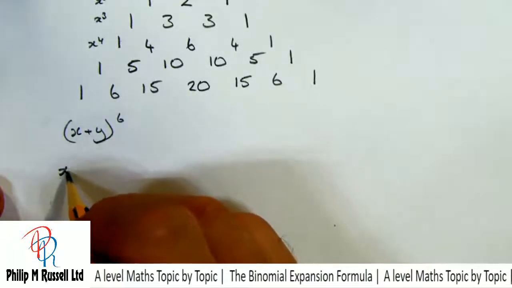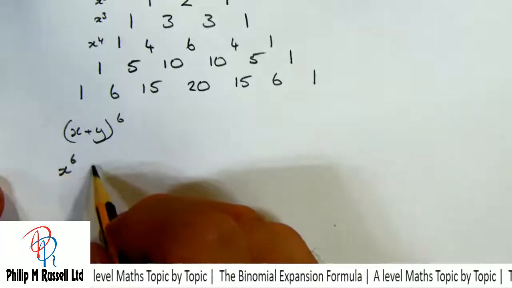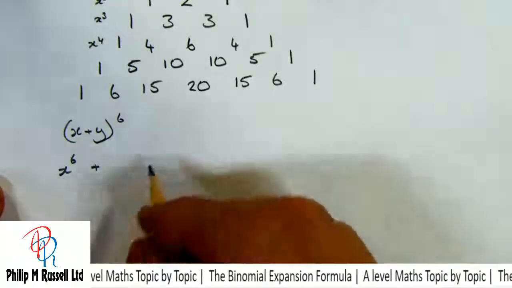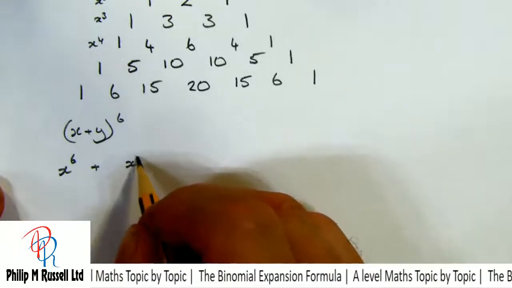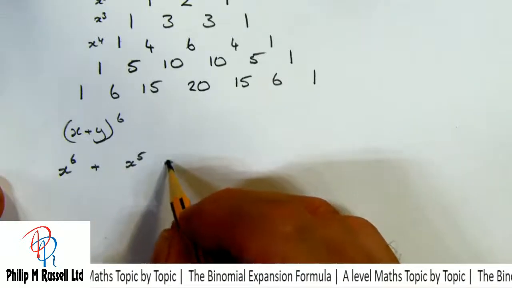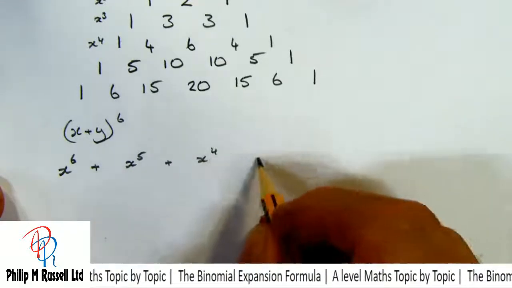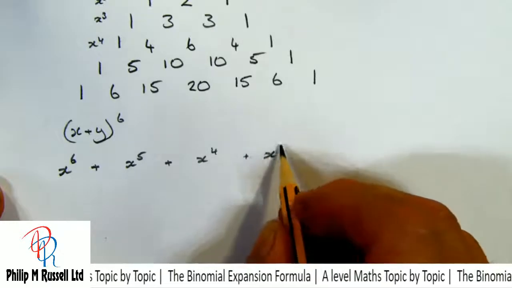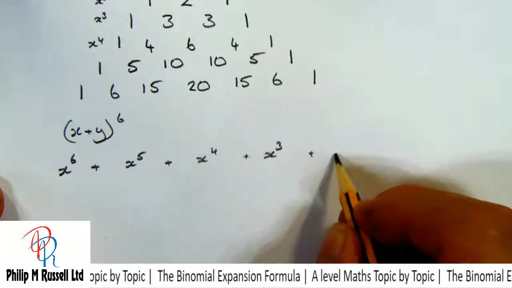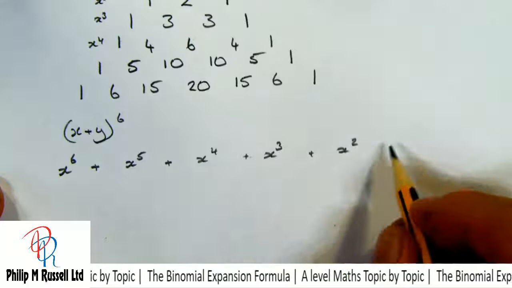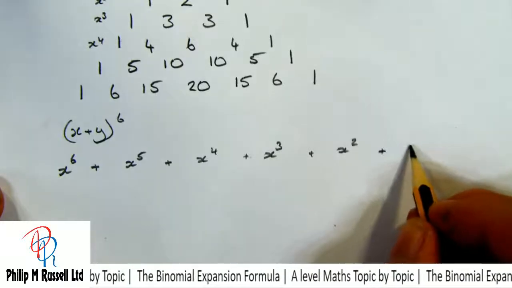It's going to be x to the 6 plus, and if we watch a pattern, we've got x to the 5, plus x to the 4, plus x to the 3, plus x squared, plus x.